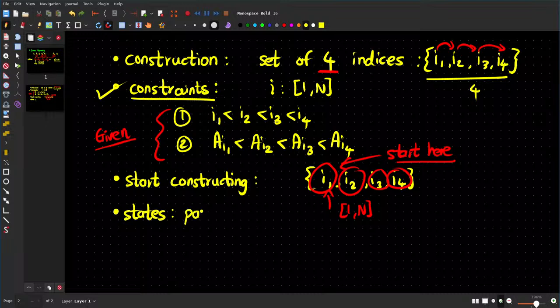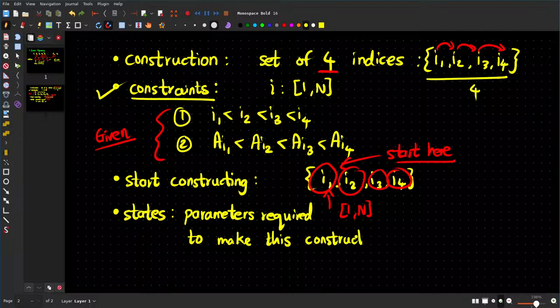Let's say these are the parameters which are required to make this construction that we are creating, it should obey these constraints.